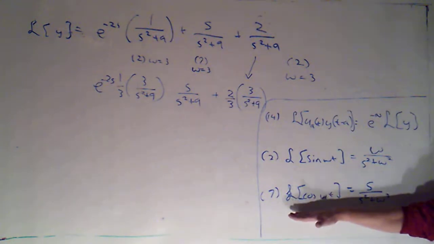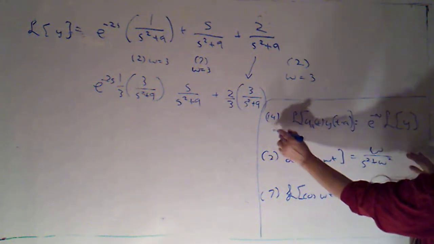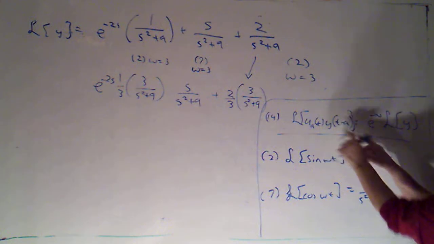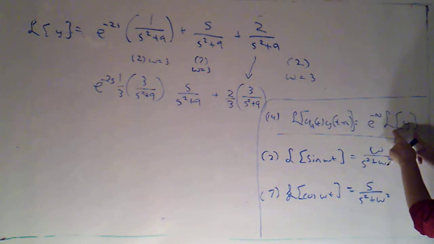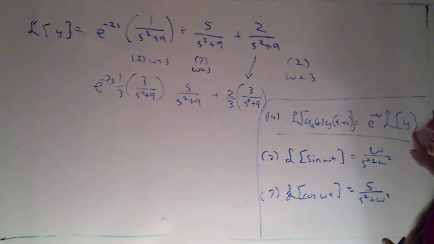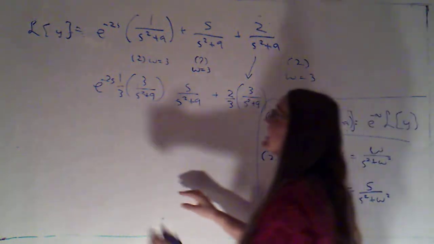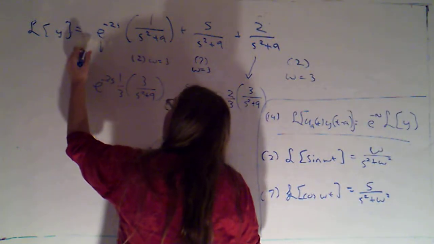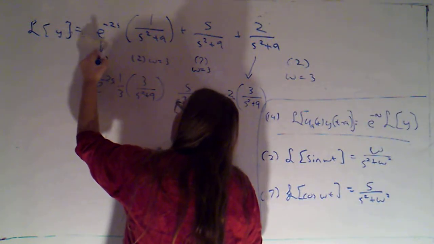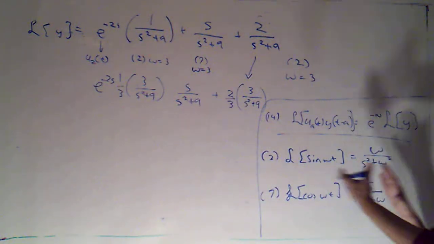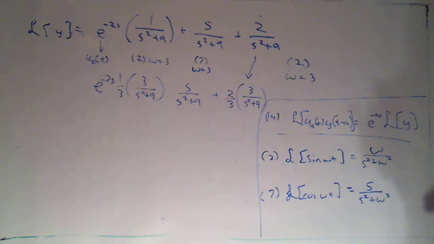And what that's going to mean is that I've got to use formula 14 as well. I've now said this is the Laplace transform for sine of 3t, but because I'm multiplying it by e to the negative 2s, that's going to introduce a heaviside function at 2 and have me evaluate that function shifted 2 units to the right.